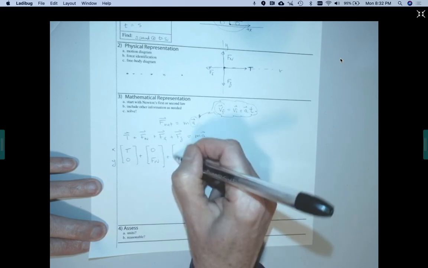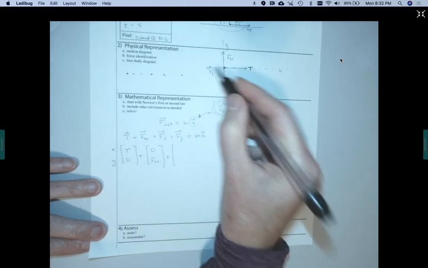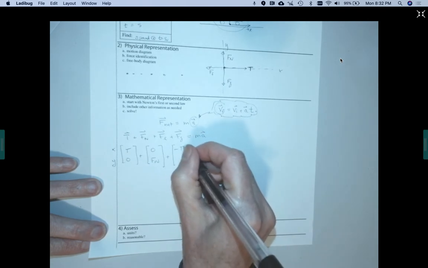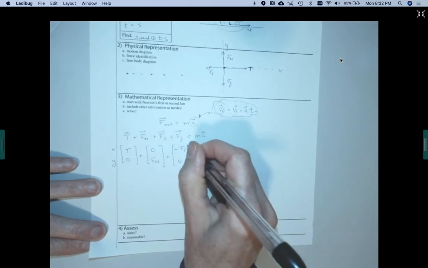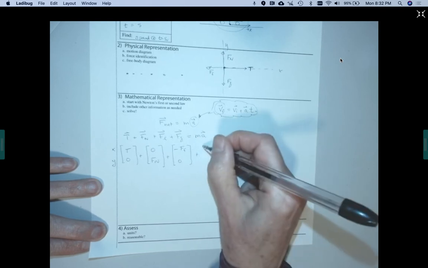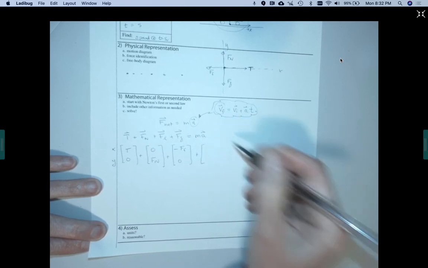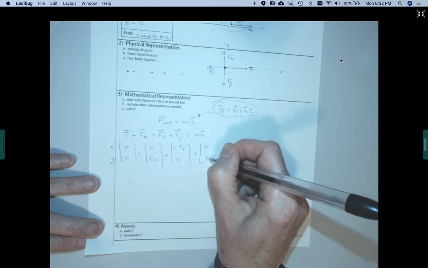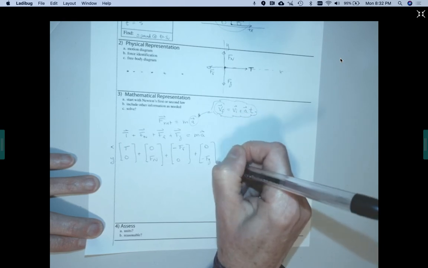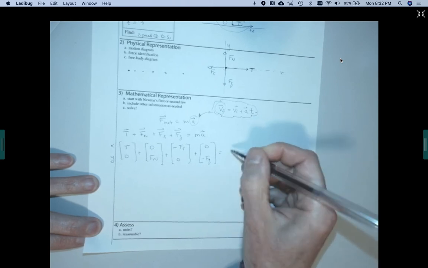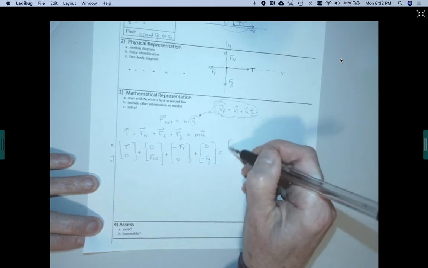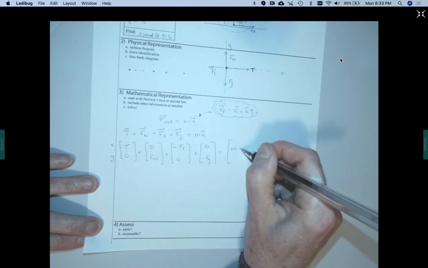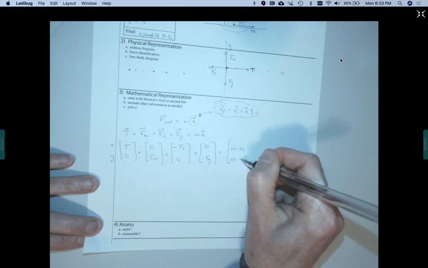Force of friction is in the negative x direction, minus force of friction, and nothing in the y. And the force of gravity, we're on a nice flat surface here, has 0 in the x, and everything is in the downward direction in the y. And that equals max and may.